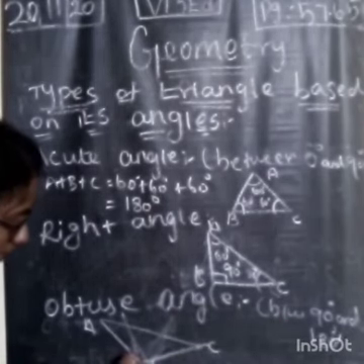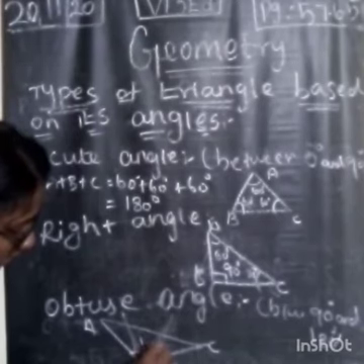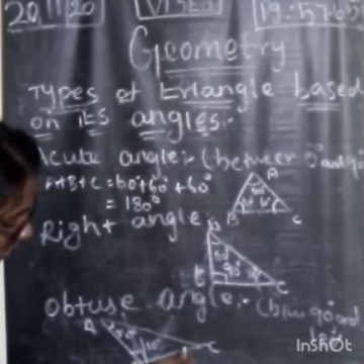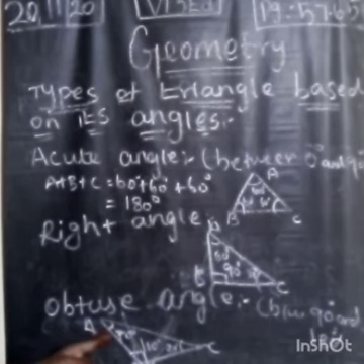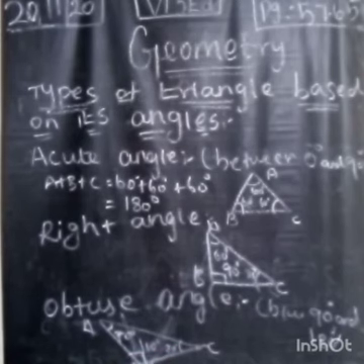So here the angles are 110, 50 and 20 degree. A angle has 50 degree, B angle has 110 degree and C angle has 20 degree.